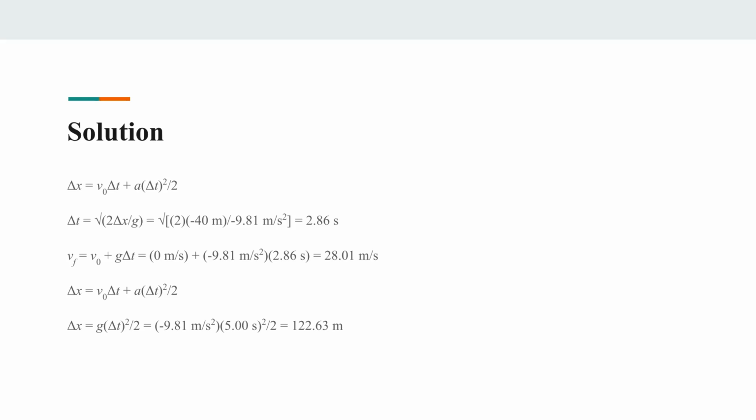Our initial velocity is 0, so that just goes out. And we just plug in the values. We want exactly 5 seconds, so we plug in negative 9.81 times 5 squared divided by 2. And that gives us about 122.63 meters. So that's the height you should drop from if you want exactly 5 seconds in the air.